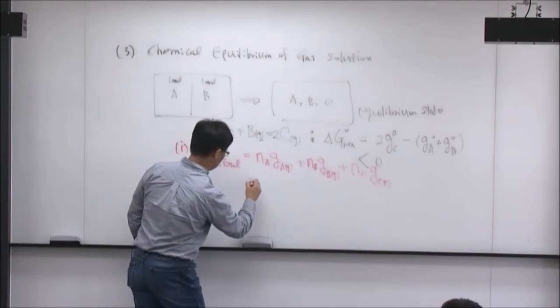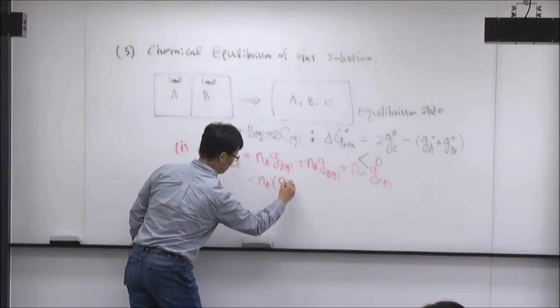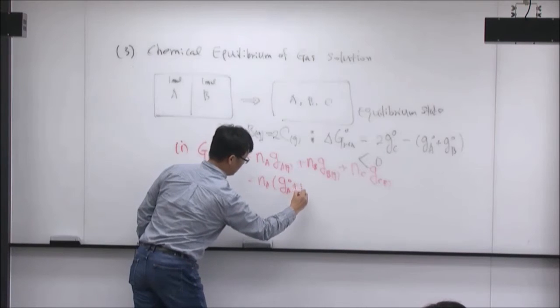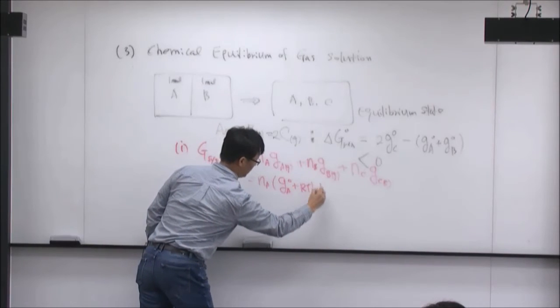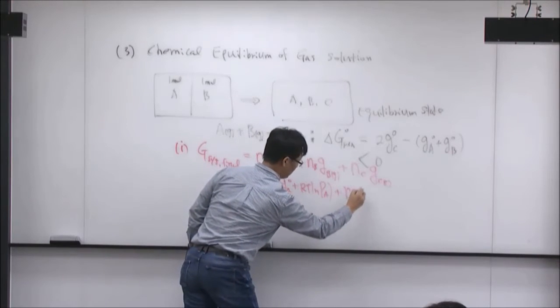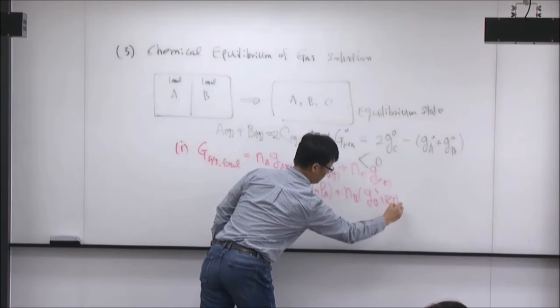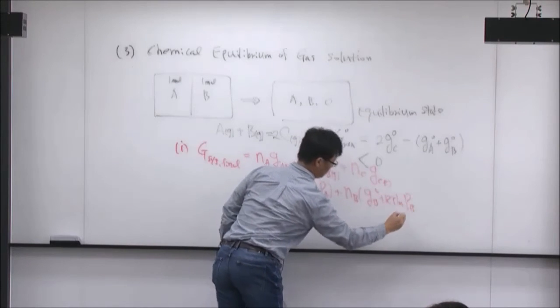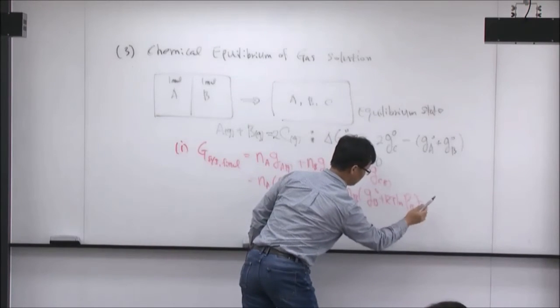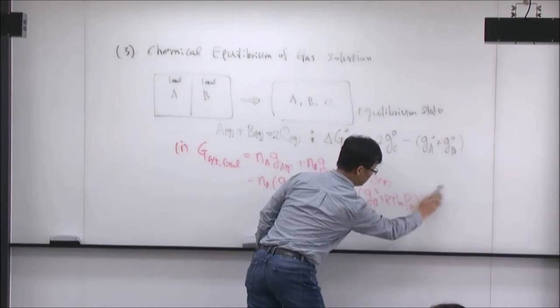And then this can be written again: NA times (GA naught plus RT ln PA), plus NB times (GB naught plus RT ln PB), plus NC times (GC naught plus RT ln PC).